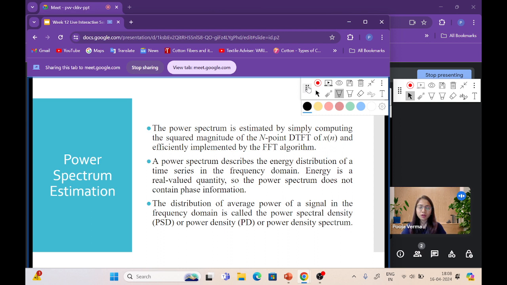So first we will solve some questions related to power spectrum estimation. After that, we will solve some previous year questions related to all your content related to signal processing.